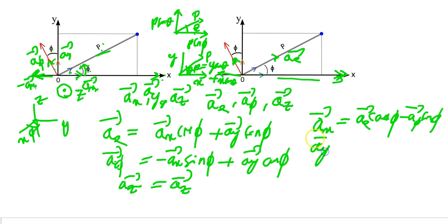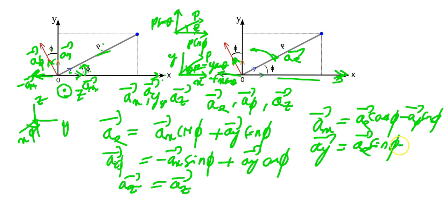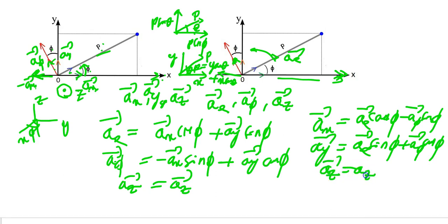Similarly, ay = a_rho sin phi + a_phi cos phi, and az remains az.